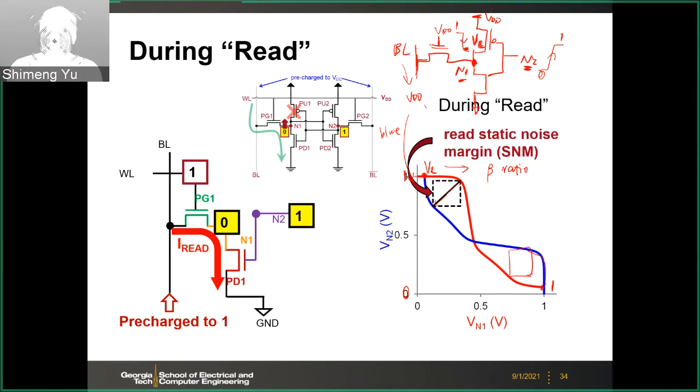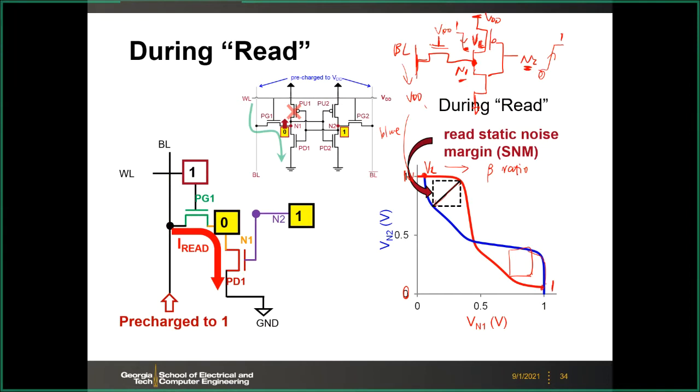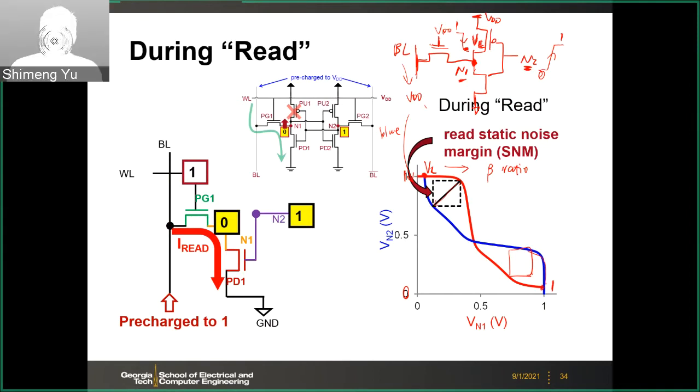So normally when we talk about the static noise margin, if we don't specify, we mean the read static noise margin, because that's a more dangerous scenario. Or in other words, you can think that during the read, the N1 is disturbed a little bit.